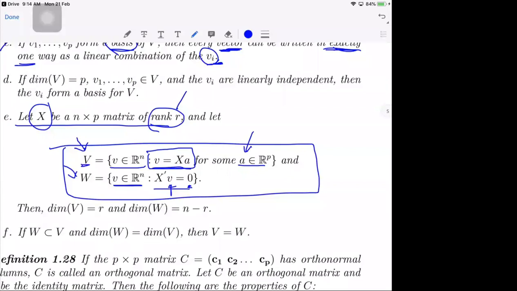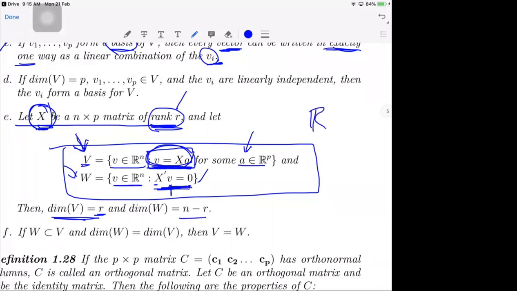So for any vector that you can write in this form for any matrix X, and any vector that when you pre-multiply it by the transpose of X is equal to 0, the dimension of V, the vectors in this form, will be r, or the rank of X, and the dimension of W, the vectors in this form, will be n minus r.